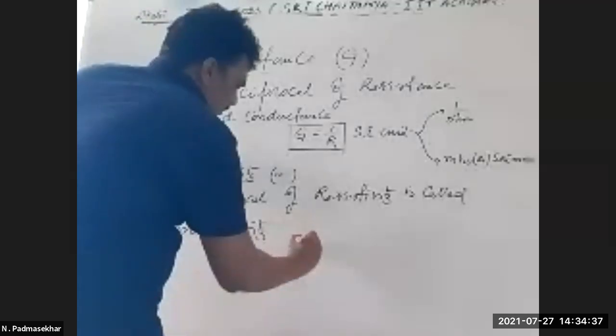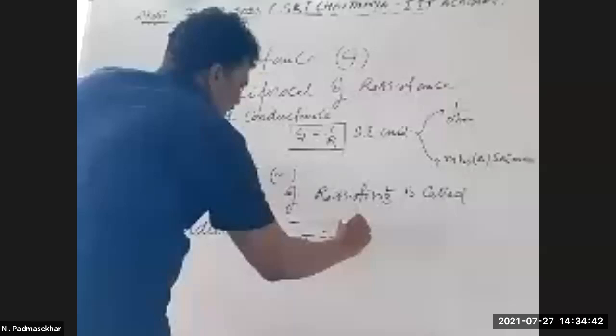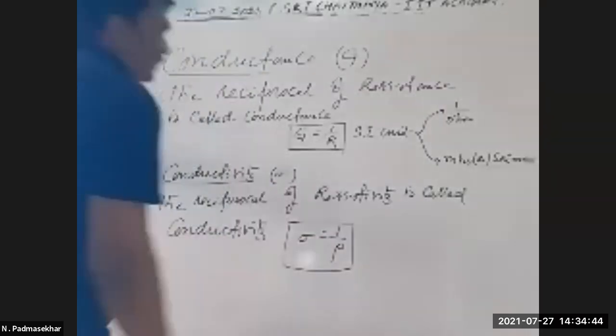So this conductivity is equal to 1 by rho, 1 by resistivity. Conductivity means 1 by resistivity.